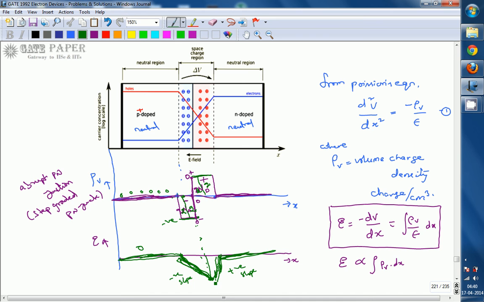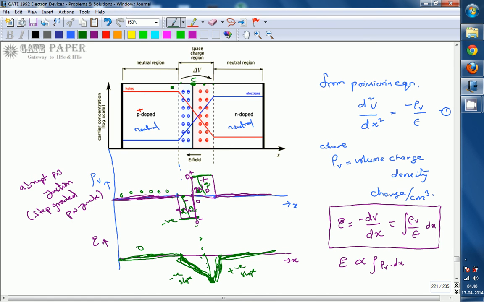So the magnitude of electric field is maximum at the P plus N junction, that is nothing but at this point electric field will be maximum. Not at the point A, or not at point B, or not at point D. So electric field will be maximum at the exact junction.